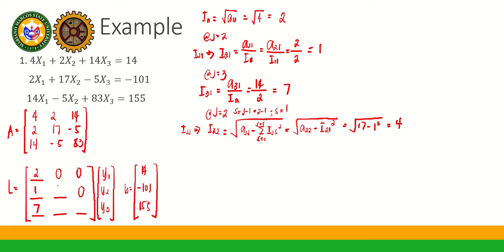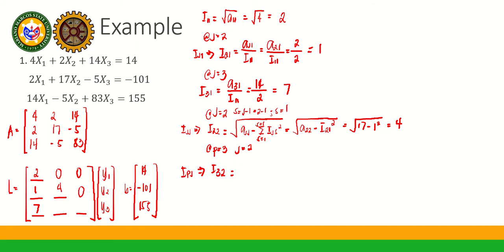Now, let's proceed in solving this one. So, this element is I32. What we will use now is P equal to 3 and J equal to 2. So from IPJ, that's what we will use. So, this will be equal to I32.